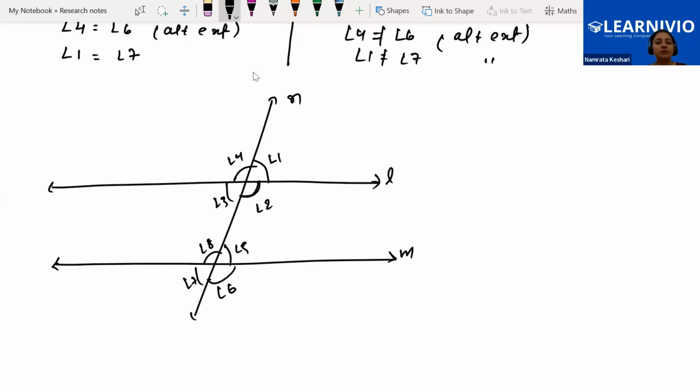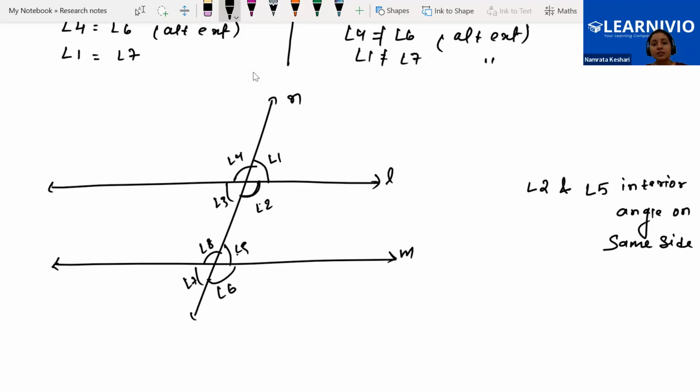Now this time what we can say, this angle 2 and angle 5 are interior angle on the same side, right? Yes, ma'am. Check it, it's on same side.